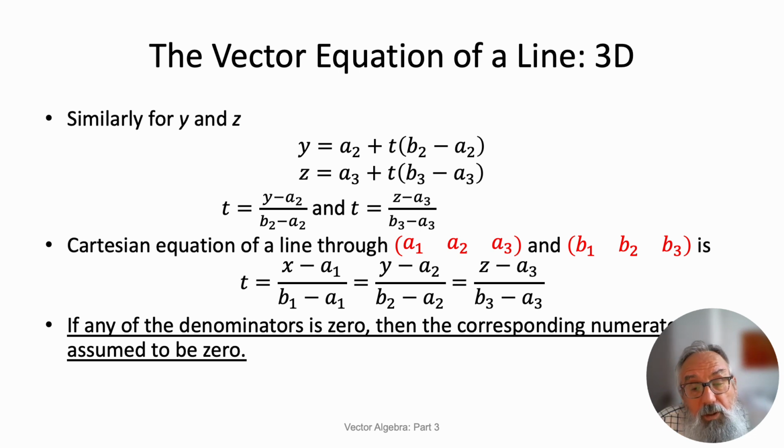There just needs to be a slight caveat on your normal arithmetic. If any denominator, the bottom number, is 0, then the corresponding numerator must be assumed to be 0. We need this rule to avoid infinities in our calculations.